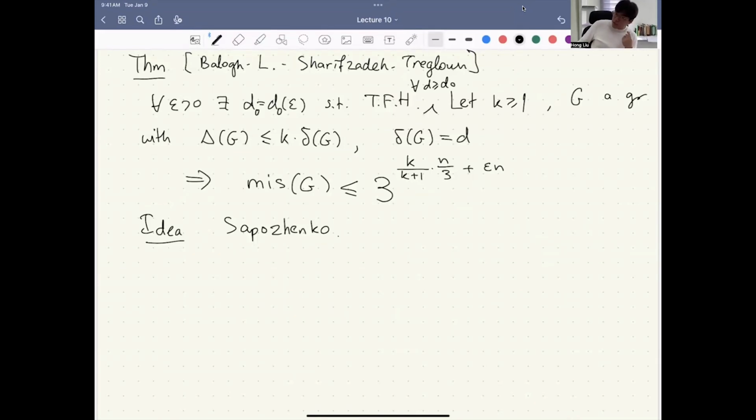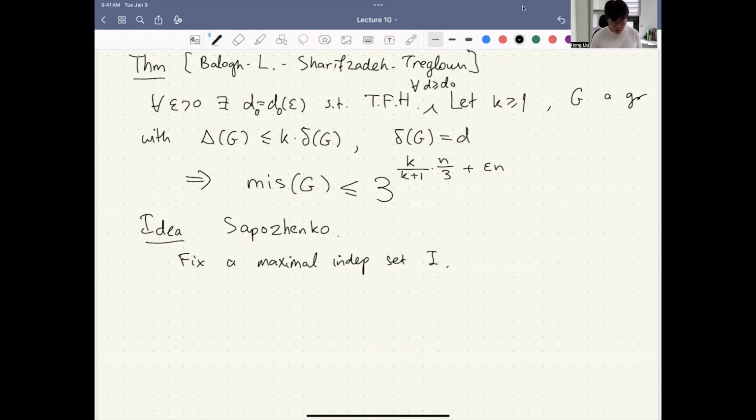The idea is again the same. Given a maximal independent set, we think of how we can generate the maximal independent set. So given a maximal independent set I, we're going to give it a small signature.